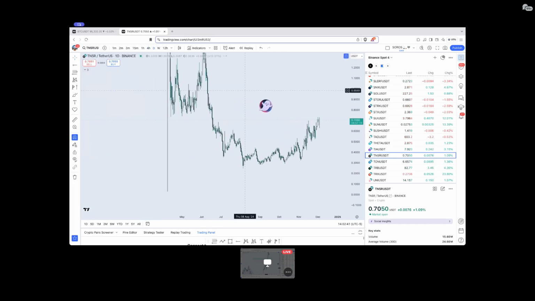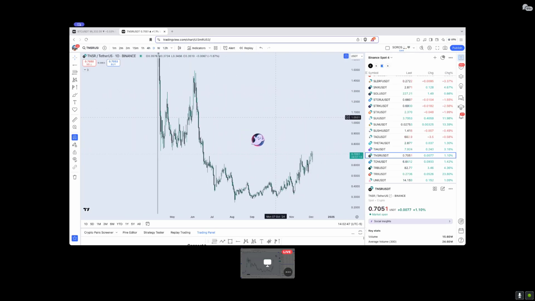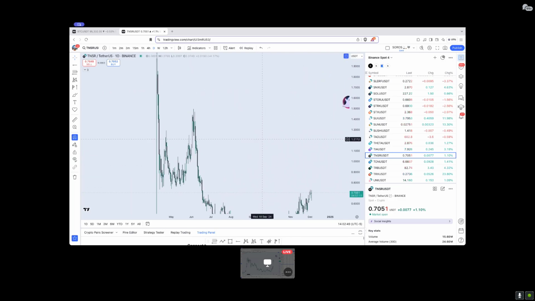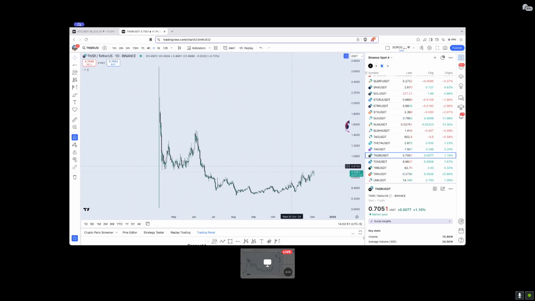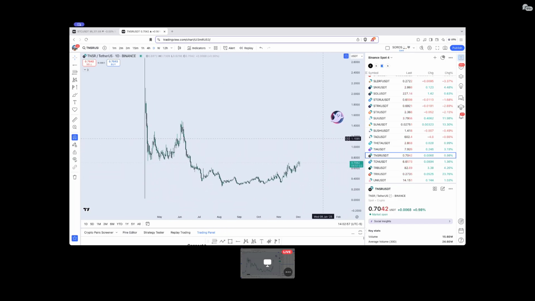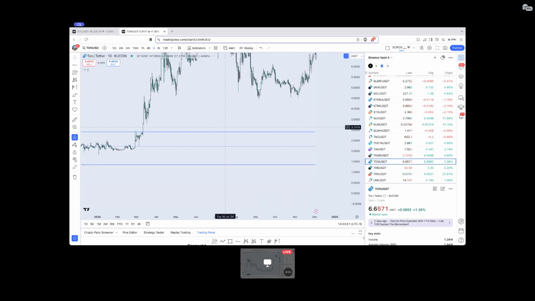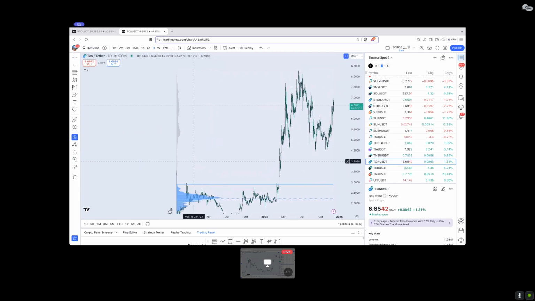What's going on with this coin? Tensor looks compressed for a move. Yeah, I don't know what's going on, but this rounding at the bottom is giving me send vibes. Again, Ton is a scam. No volume.